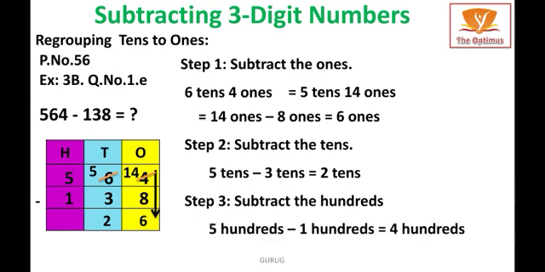That means 5 hundreds minus 1 hundred equals 4 hundreds. In this 400, 4 I am going to write in the hundreds place. 564 minus 138 equals 426.